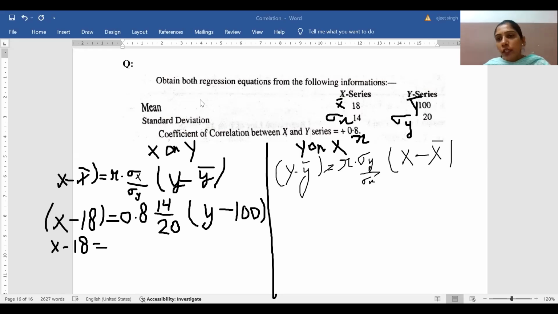When we divide 14 by 20 it is 0.7, and when we multiply it by 0.8 it is 0.56.